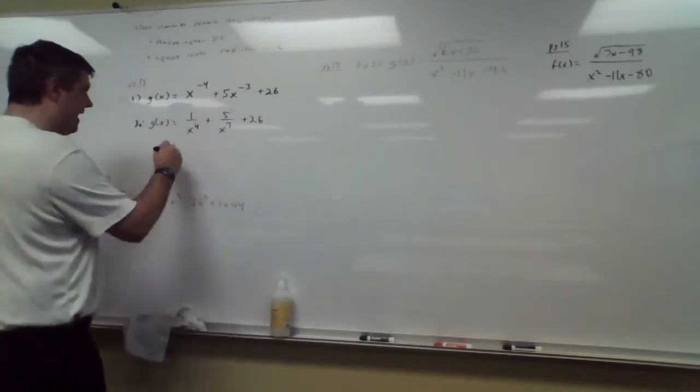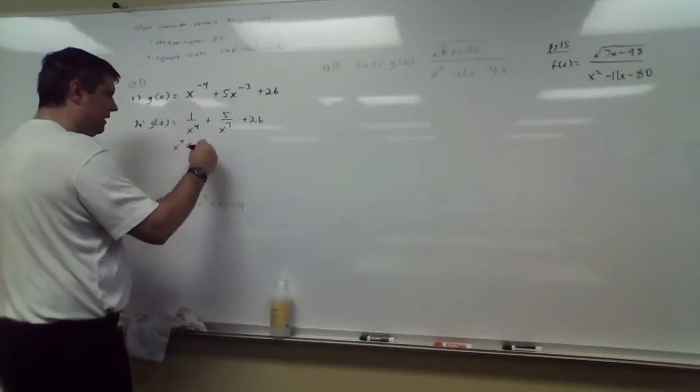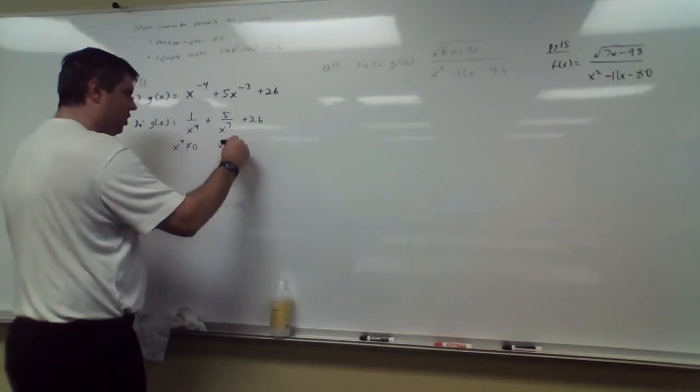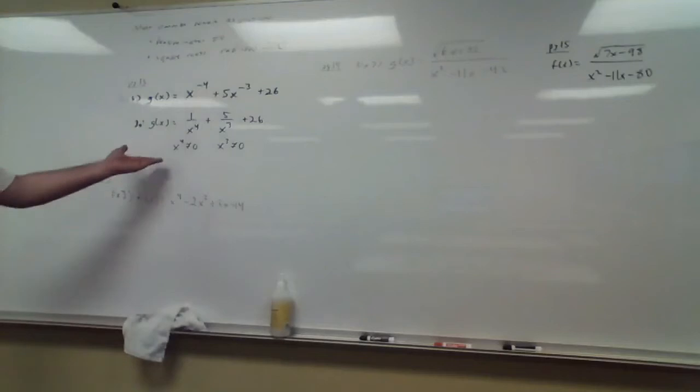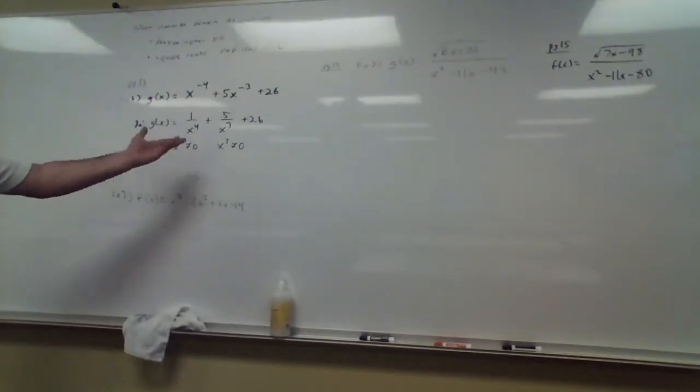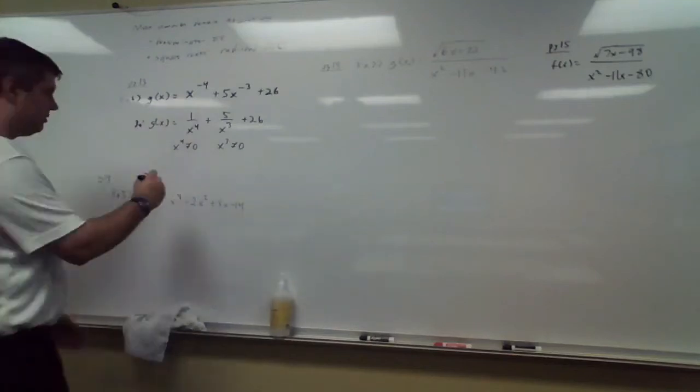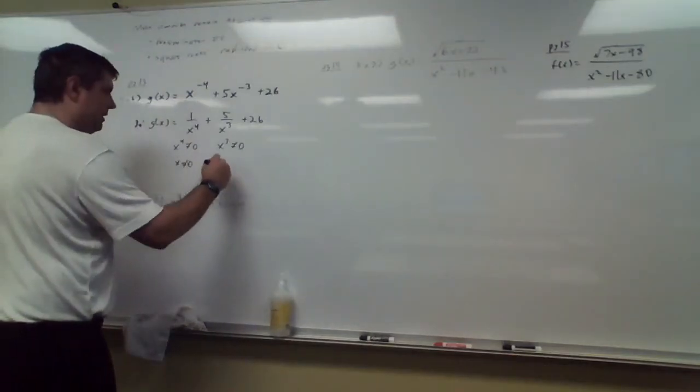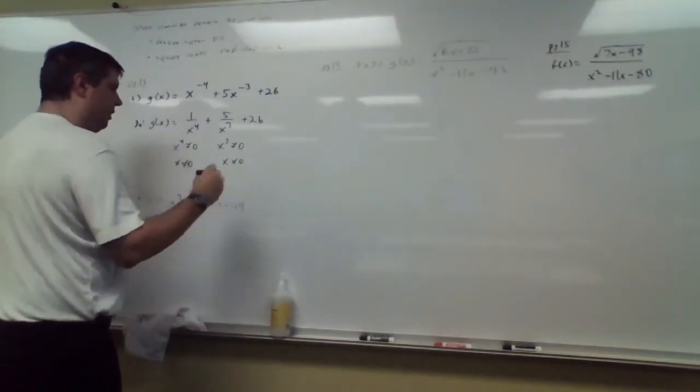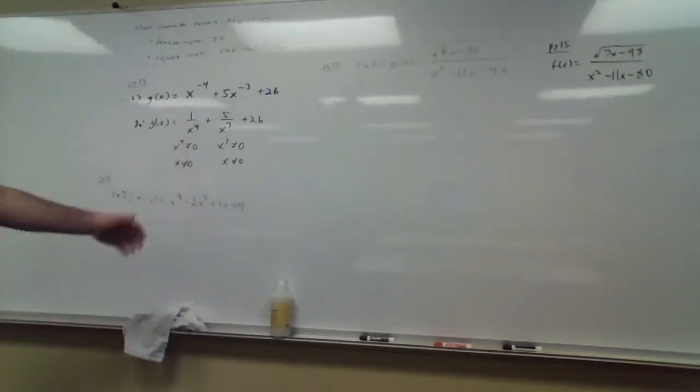Okay, so that means x to the 4th cannot equal 0. X cubed cannot equal 0. Well, folks, the only way for a number to the 4th power to be 0 is if the 4th root is 0. So that's 0. Ditto, x cannot equal 0. Okay, that's the long and short of this.